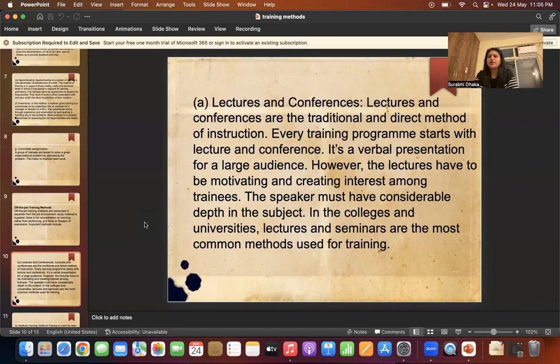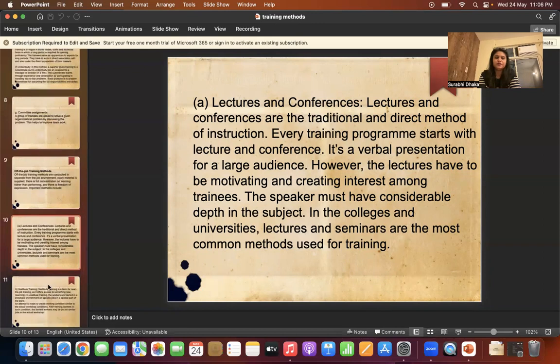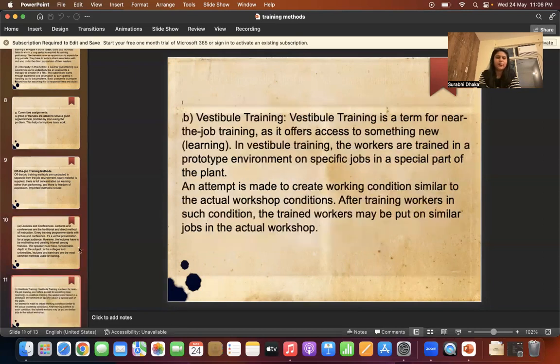The speaker must have considerable depth in the subject and knowledge of the subject. In colleges and universities, lectures and seminars are the most common methods used for training. So it's all about the lectures and conferences. And it can be one-way communication as well as two-way communication.